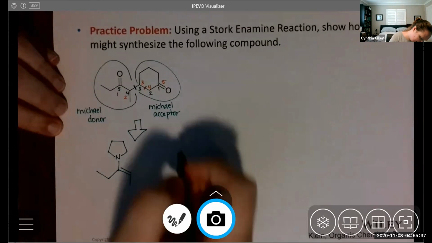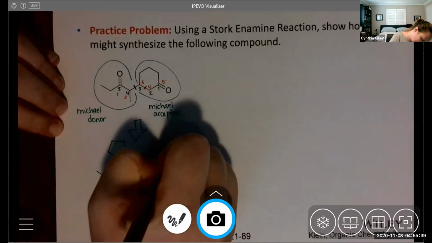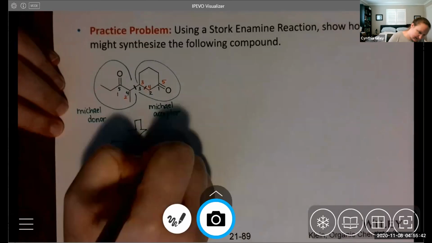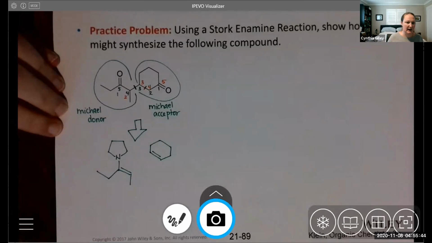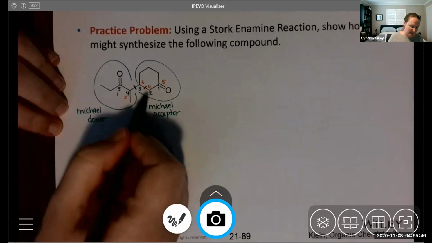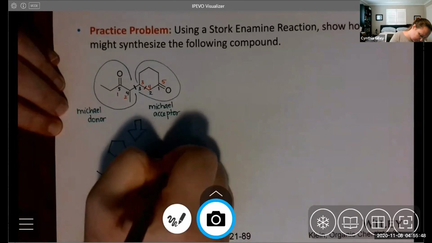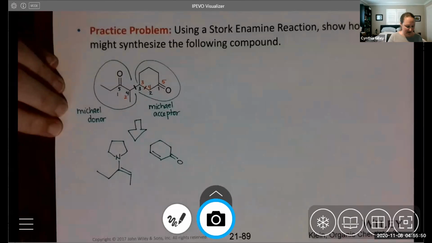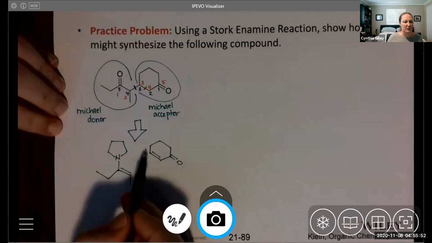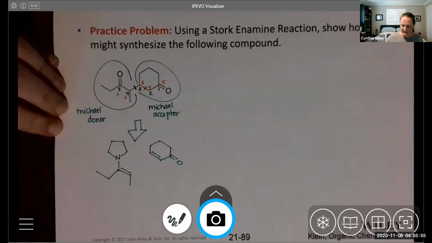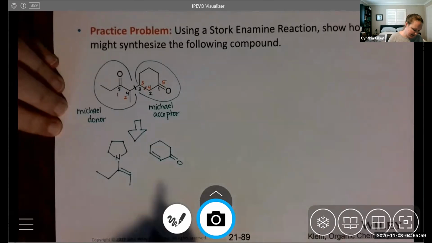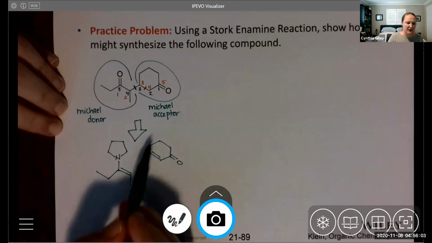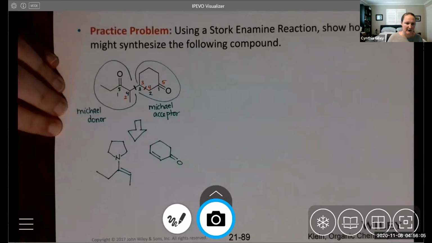Then the Michael acceptor needs to have the double bond between, in this case, carbon 2 and 3, so it needs to be an alpha beta unsaturated carbonyl. This helps us with the forward direction synthesis. I know I need to make this enamine, add this Michael acceptor, and do an acidic hydrolysis. It's a 3-part synthesis.